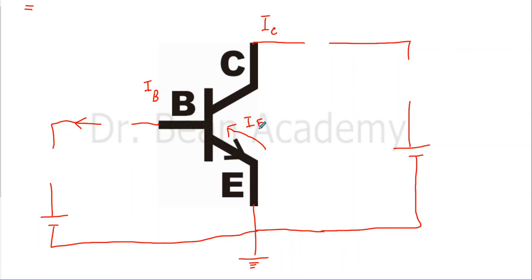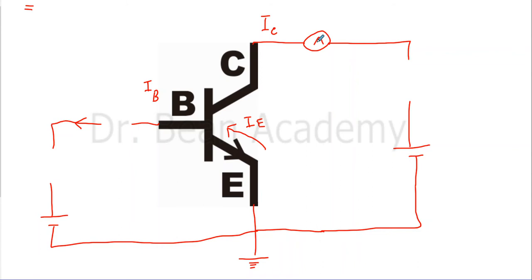So here is IE. If we want to measure a current, we need some instrument to measure the current, right? When we want to draw the output characteristics, or for whatever analysis or application of the transistor, we want to know how much current is flowing from the collector and how much is coming out of the base, so that's why we will put a meter here to measure the current.